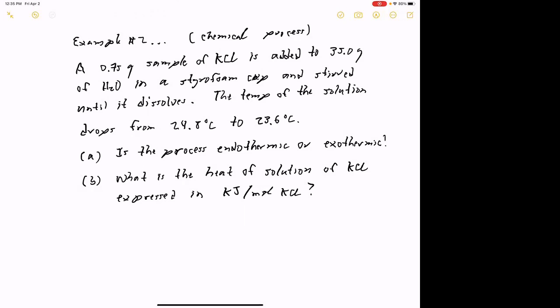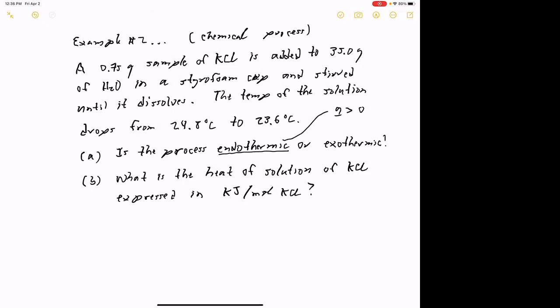You're exactly right. It would be an endothermic process because heat is flowing into the reaction. It's flowing out of the solution, which houses the reaction, which is the surroundings, and into the reaction. So what we actually see is a decrease in the temperature of the overall solution. So that would indeed be endothermic. So in the end, our Q value that we should get from this process should be positive. So Q, as we calculate it, should be greater than 0 for an endothermic process. Remember, that's one of those sign conventions that we talked about.